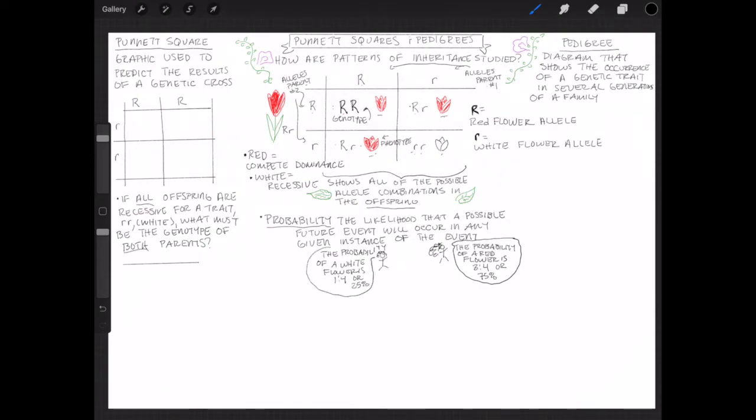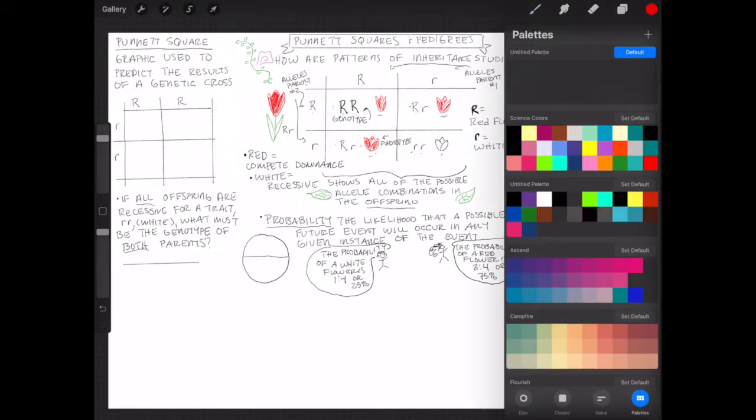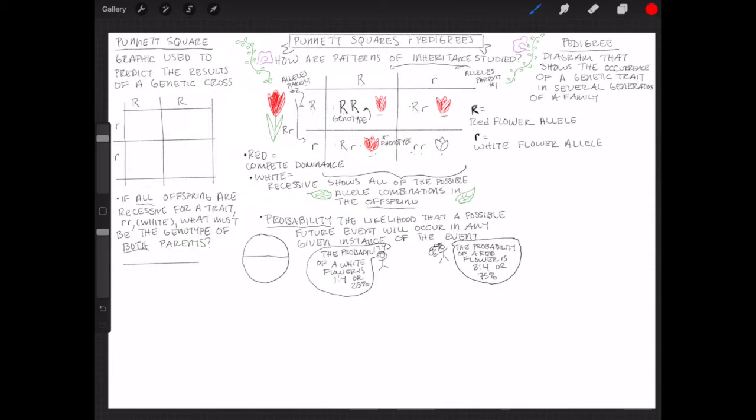Try to get that speech bubble around here. Hard. If we were to put it in a graph, we could go like this, right? Divvy it up. Oops, that's not the way I want to divvy it up. And red, so we have 50% likelihood. This is the combination.